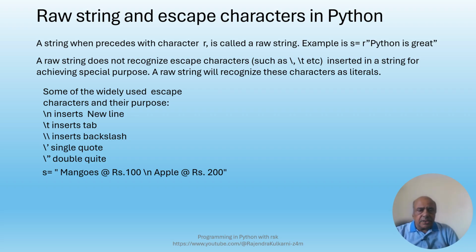We have declared and defined a string as mangoes at ₹100. Then there is a new line character backslash n, and then apple at ₹200, all enclosed in double quotes. So this is a standard string, which is not a raw string; here it is a formatted string.